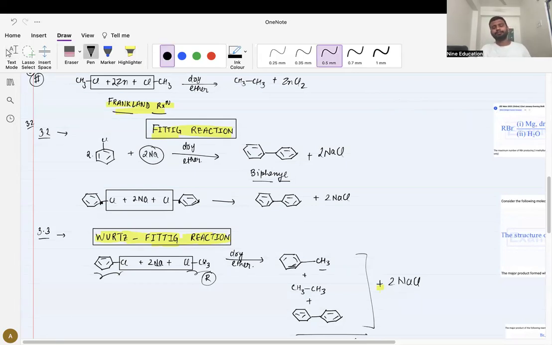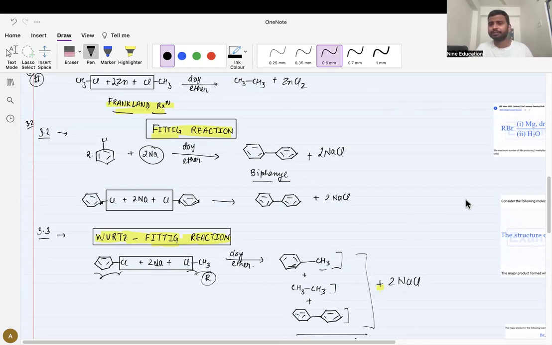If you have inter, दो कंपाउंड के बीच में, you will get CH3CH3. Of same compound you will get biphenyl. And if you have this aromatic and aliphatic ring, you will get Wood's Fittig. And this is Wood's, this is Fittig. ये वाला तो Fittig के साथ, ये वाला Wood's के साथ, और ये वाला Wood's Fittig के साथ.